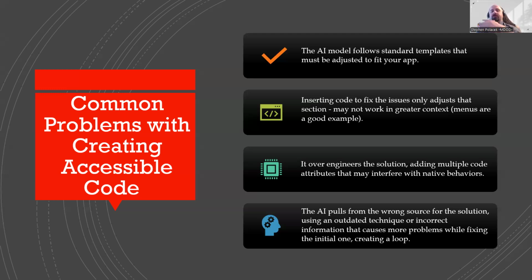Conversely, it can also over-engineer the solution where it adds extra code attributes that can interfere with native behaviors. This happens a lot with what's called ARIA, authoring rich internet applications, which for context for everyone, it's a set of attributes that can be put in, usually into HTML, but you can use it in other areas that add behavior to tell other programs or especially assistive technology, do this or tell the user this.